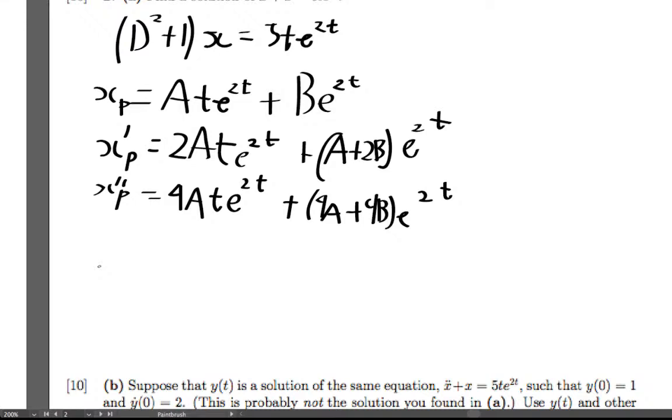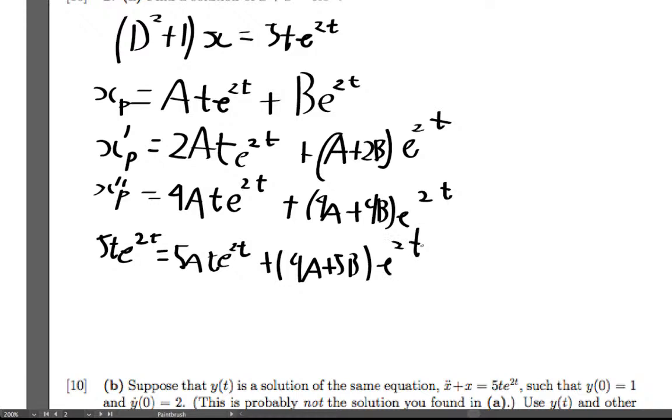Therefore, you can figure out that a is 1. Well, actually, I would just go ahead and do this. 5t e to the power of 2t is equal to 5a t e to the power of 2t plus (4a plus 5b) e to the power of 2t.